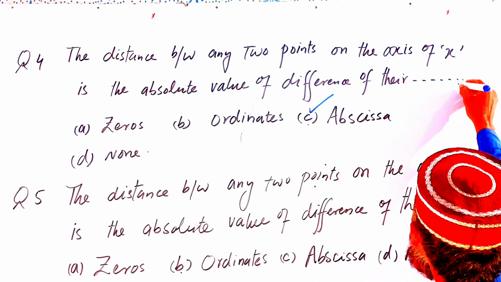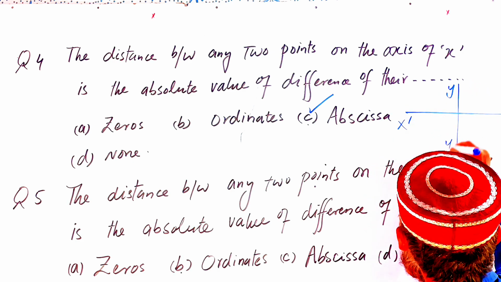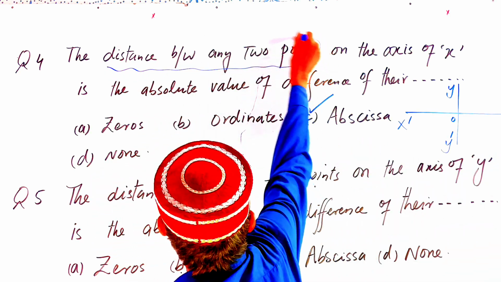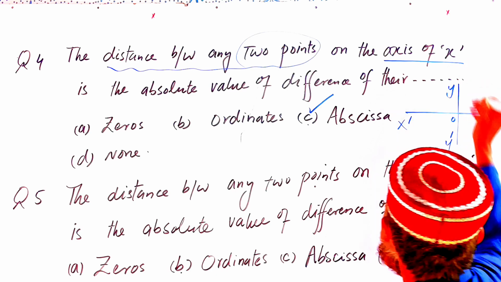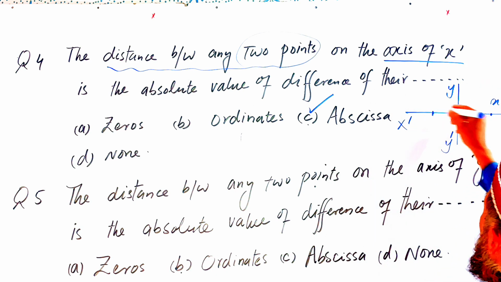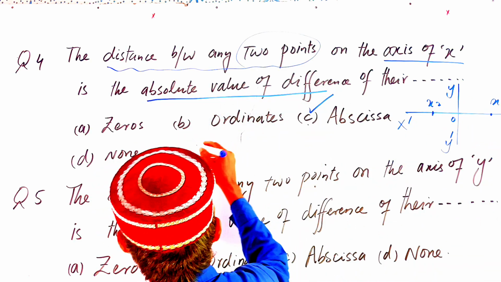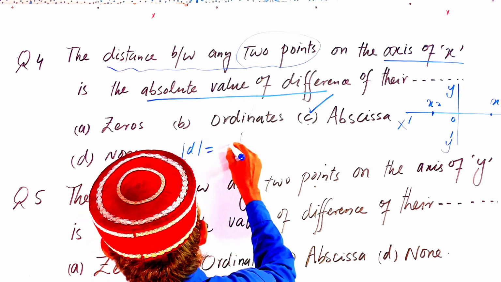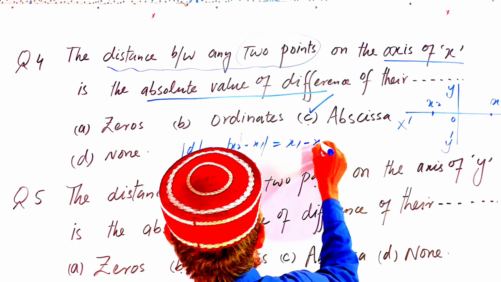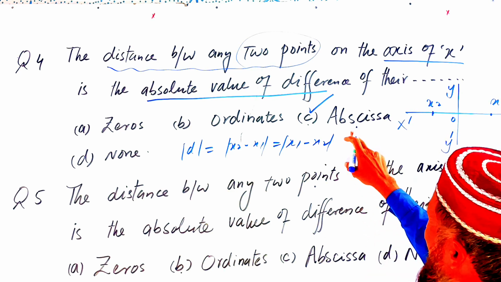So in the xy plane, x and x dash, y and y dash, if the distance is required between any 2 points on the x-axis, for example, this is x1 and this is x2, the distance is the absolute value of the difference, |x2 minus x1|, so that will be x1 minus x2. So we will get once again the form of the abscissa.